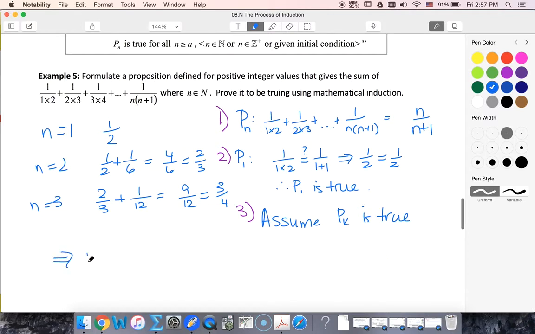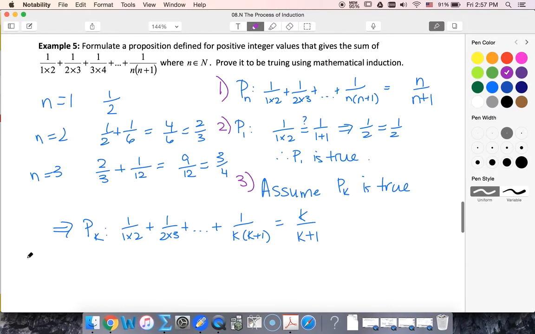So that implies that P sub k is 1 over 1 times 2 plus 1 over 2 times 3 plus, so now I'm looking at P sub k, 1 over k times k plus 1 is equal to k over k plus 1. So I'm assuming this is true. Step 4, we want to show P sub k plus 1 is true.